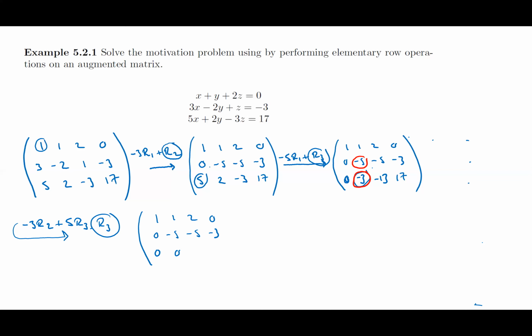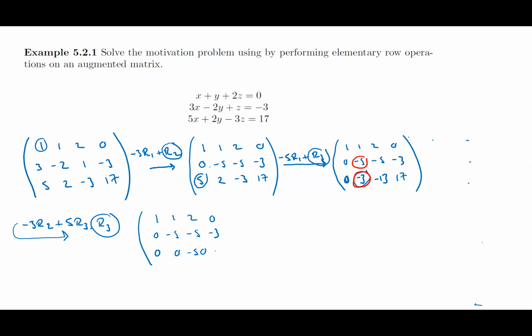So let's see what we get. So, sorry, 3, so 15 and then we have 65. So I've got a -50 here.